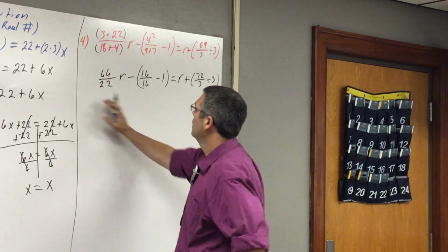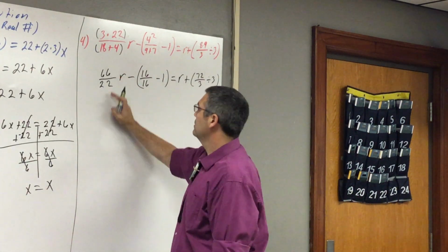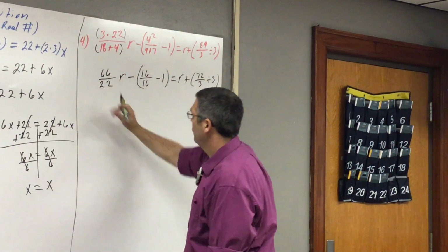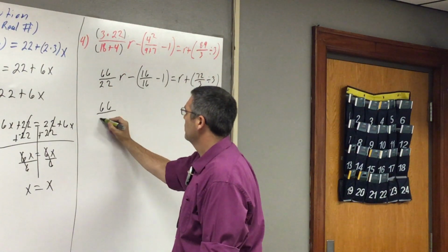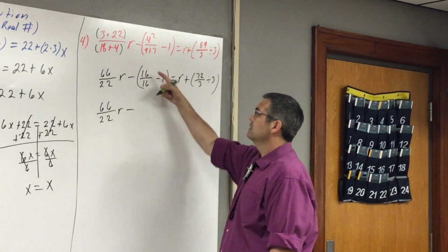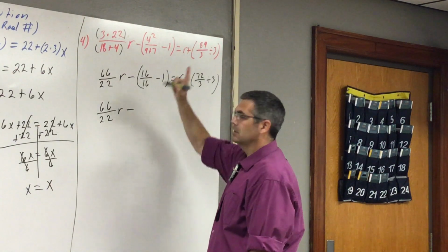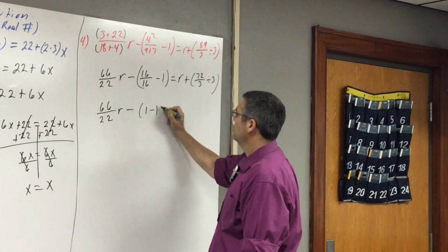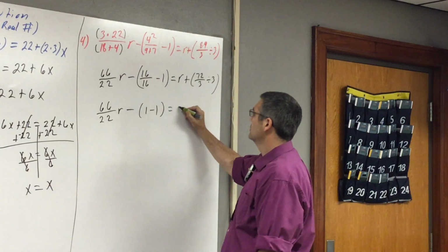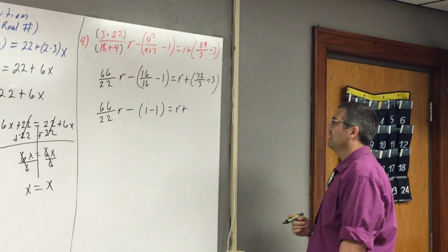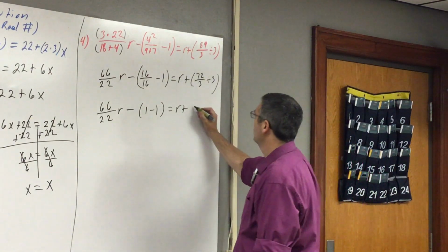So I can go ahead and do this division because this part right here does not affect this, but for order of operations' sake, minus 16 divided by 16 is 1, minus 1 equals R plus 72 divided by 3 is 24.